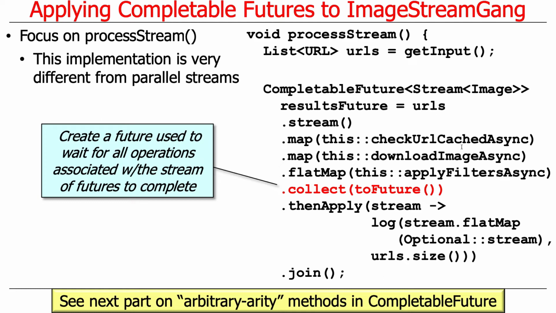And as I mentioned before, that's going to create a single completable future to a stream of images that have now completed being downloaded and filtered and stored. So there'll be a single completable future that comes back from collect, and that will be a completable future to a stream, which is pretty funky if you think about it.